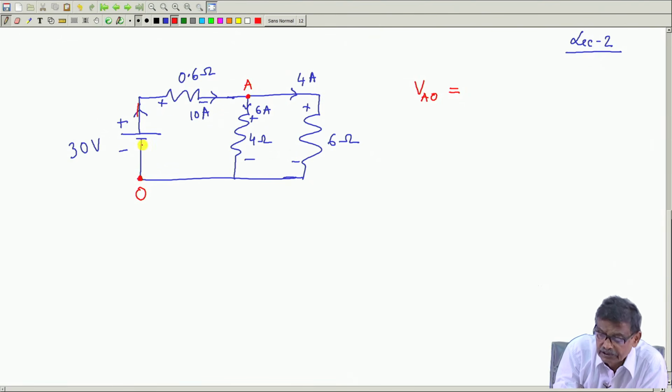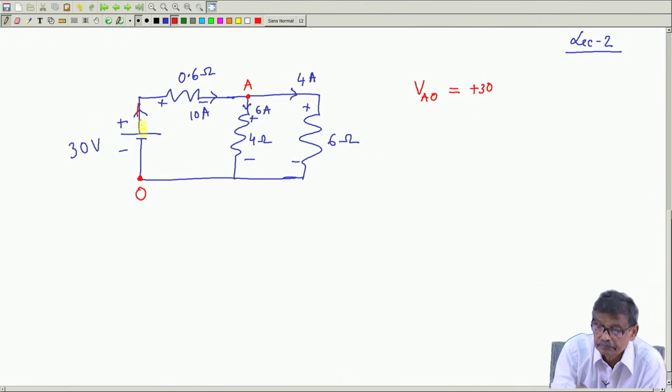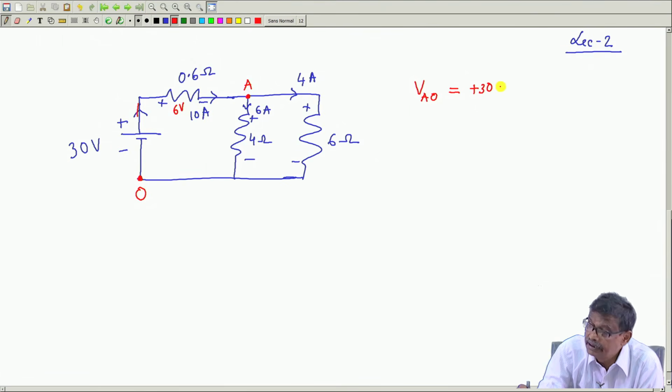So, from this to this there is no voltage drop, no resistance in this path. Then from this to this there is a voltage rise, minus to plus. So, write plus 30 volt. Then from this to this, what is the voltage drop here? 6 volt, 10 into 0.6, and it is from plus to minus, so minus 6 volt.